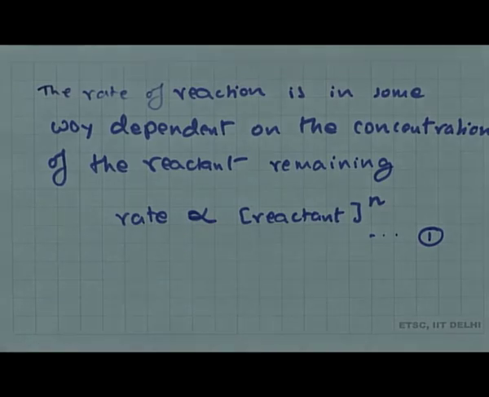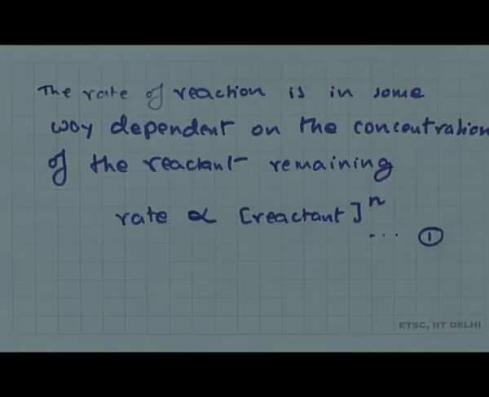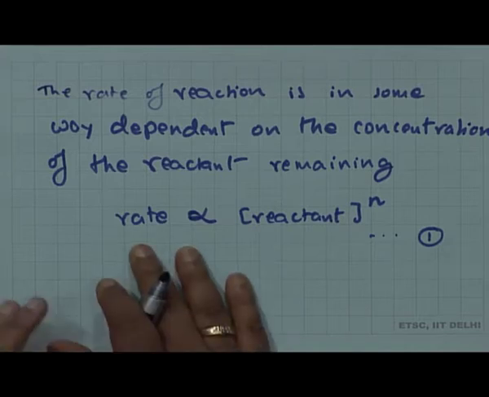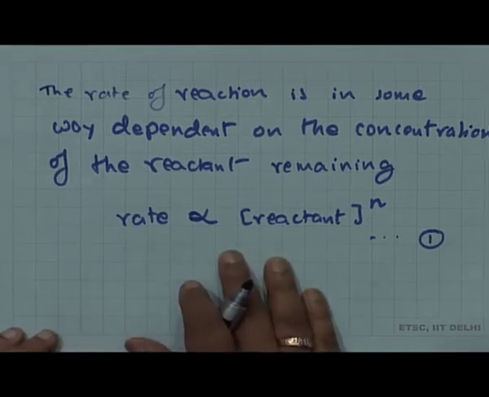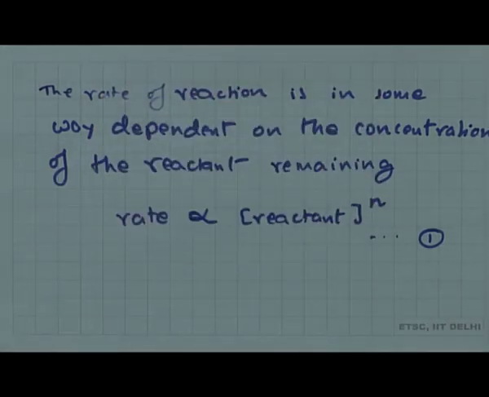Now, this is significant. What you are saying is, based on the graph or the kinetic profile you just saw, what we are concluding is that the rate of the reaction is dependent upon the concentration of the reactant that is remaining, and based on that we are saying that the rate of reaction is proportional to the reactant raised to some power, which in this case is n.